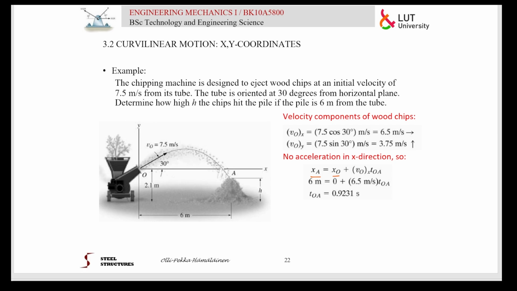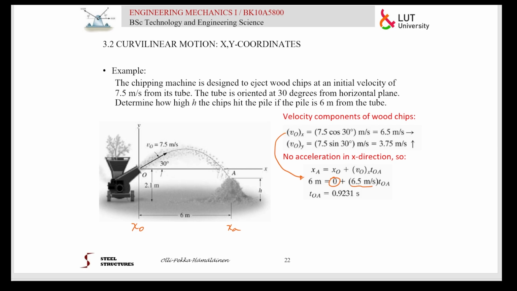Now, I know that our movement starts at 0. So this is x0, this is xA. Then xA is 6 meters, x0 is 0, and then the velocity we have found, the horizontal velocity. I have split the velocity into two components, and I'm just focusing on the x-axis.